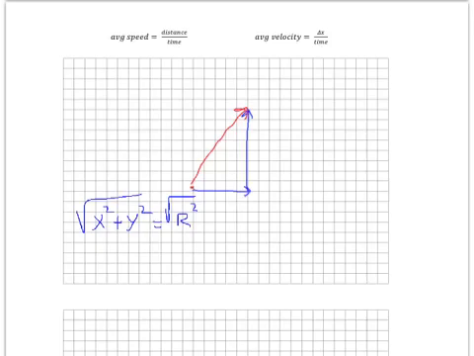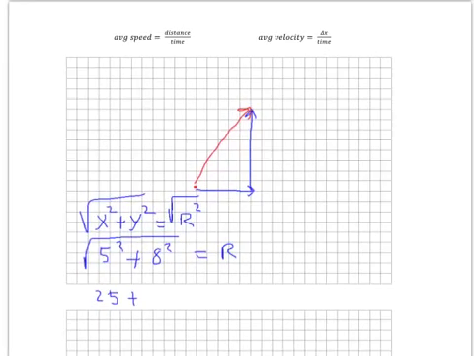So x is 5, so we'll say 5 squared plus 8 squared, and we'll take the square root of that, will equal r. Let's see what that equals. Well, 5 squared is 25, plus 8 squared is 64.